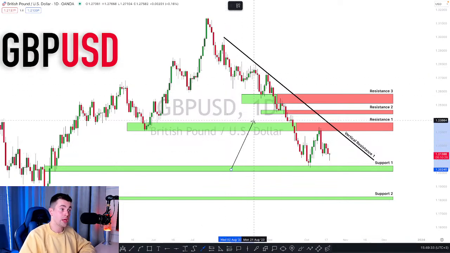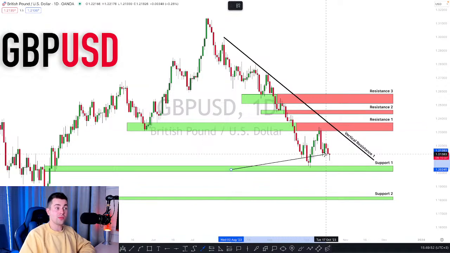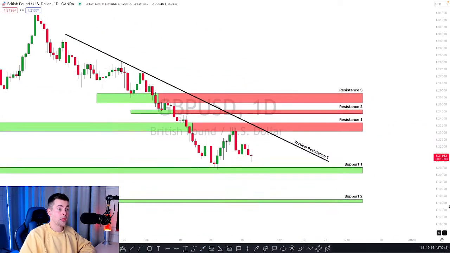Definitely we are trading in a bearish trend. And once we reached that green support, that strong support, from that support we saw a nice bullish movement. From that support we saw a nice pullback. The market reached that daily resistance, and from that resistance the market started to fall again.